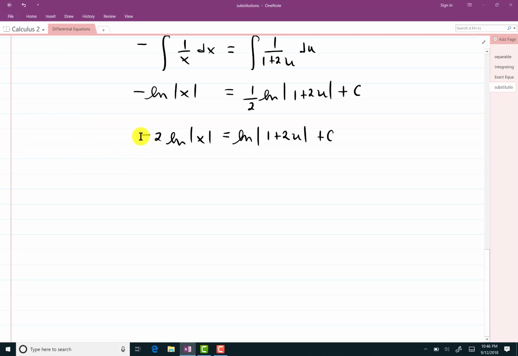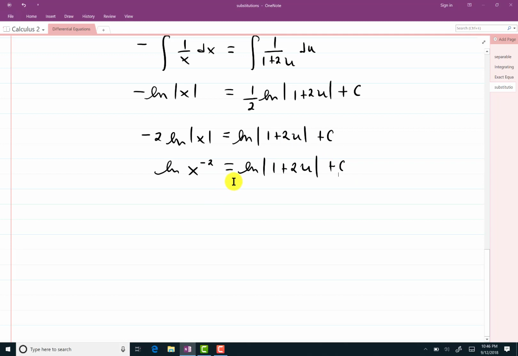I'm going to take this negative 2 and put it as an exponent. So ln x to the negative 2. Notice that when you square x, it won't be negative, so I could drop the absolute value symbols. On the other side, I have ln absolute 1 plus 2u plus c.